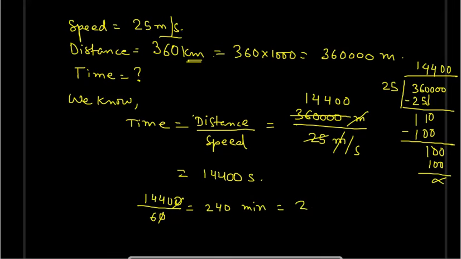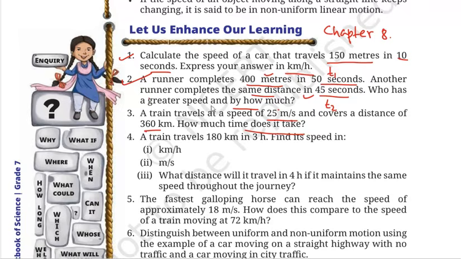Now, if you divide 240 by 60, so what do you get? 4 hours. All right. So the answer is either you can leave it in seconds or you can convert it to hours. All right. Now, let us go on to our next question.